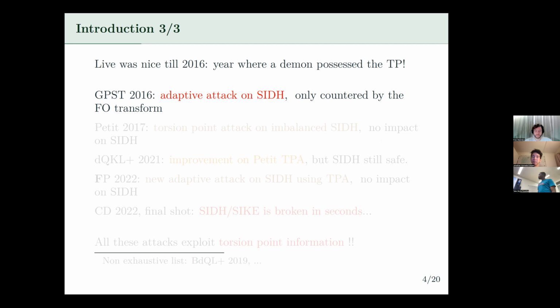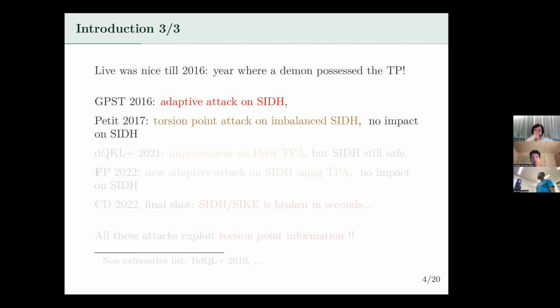This was the first attack on SIDH, and it really exploits the fact that there are torsion point images in SIDH. Until today, there is no specific countermeasure to this attack, and the only practical countermeasure is the generic one, the Fujisaki-Okamoto transform, which was used in SIDH till July to obtain a CCA secure key encapsulation mechanism.